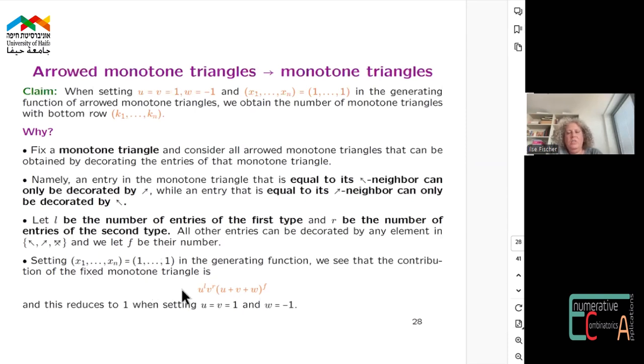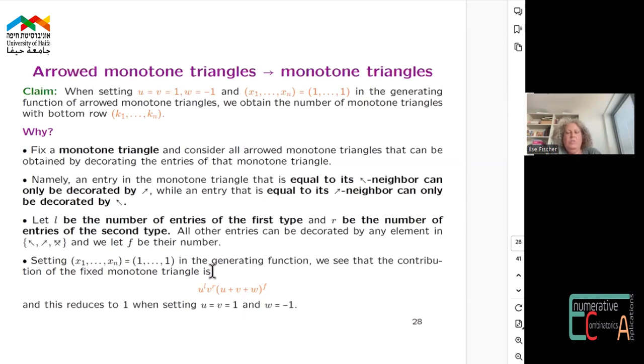And then, if you set all xi equal to 1, you can easily see that the generating function of a fixed monotone triangle is just given by this simple thing, because of what I've said before.